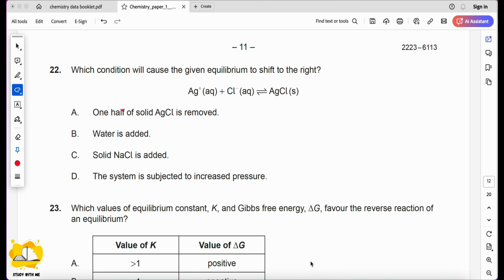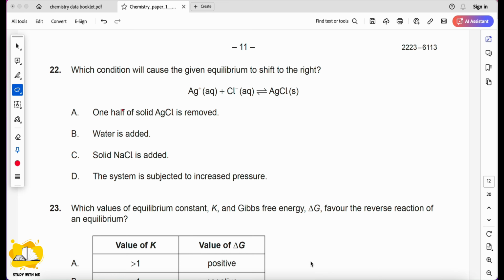Which condition will cause the given equilibrium to shift to the right? For option A, it will disturb the equilibrium. And for B, when water is added, it will not affect the equilibrium since water is a solvent, so it doesn't participate in the reaction.